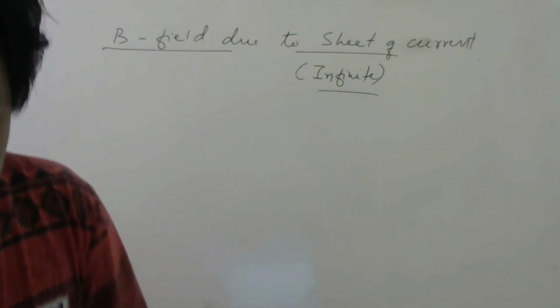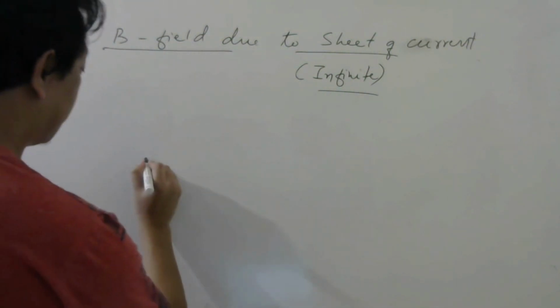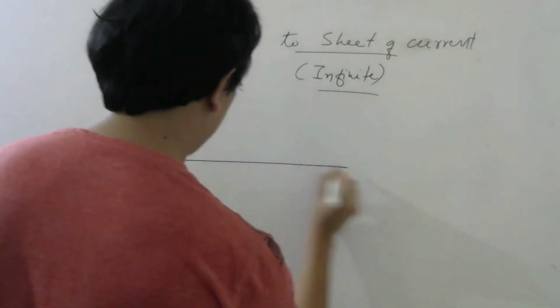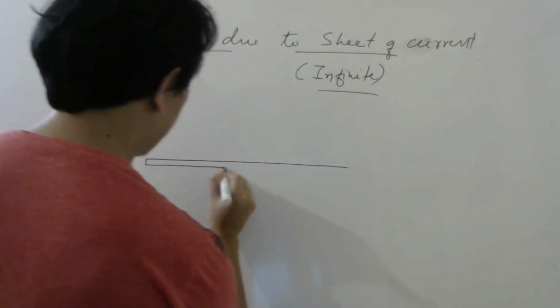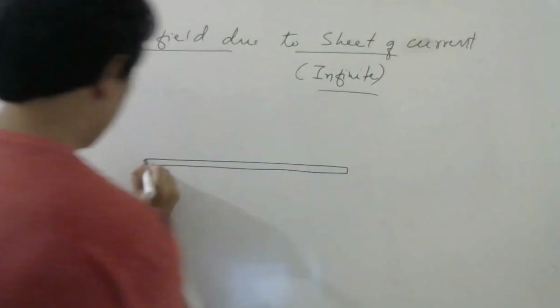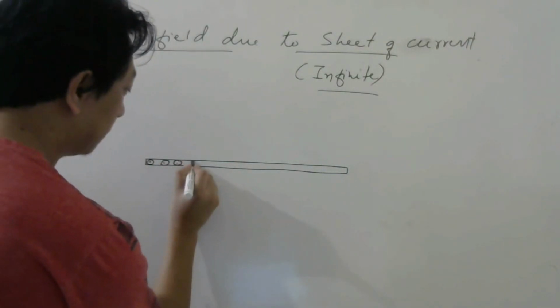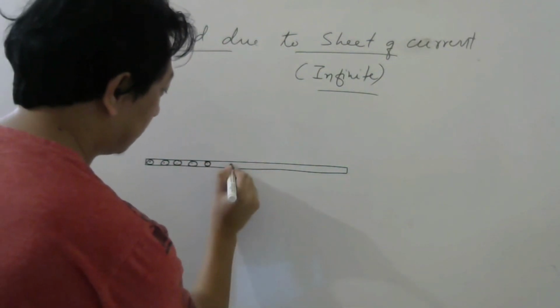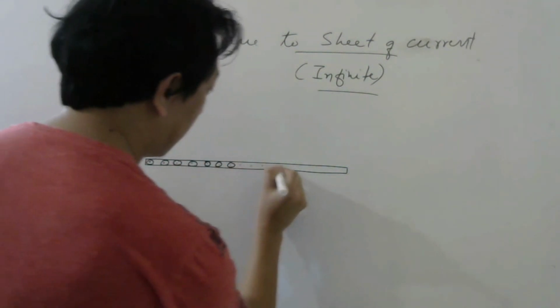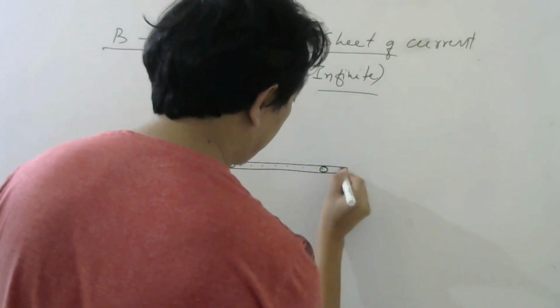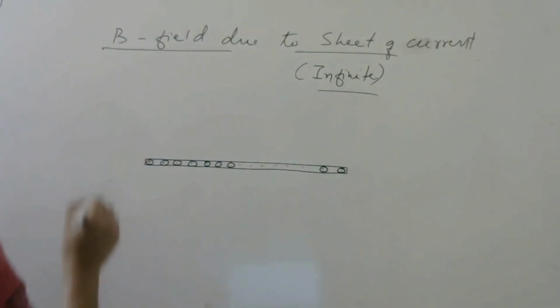Okay students, so this is a sheet, and let's say the current is coming out. Everywhere you think the same thing, and it is infinite.